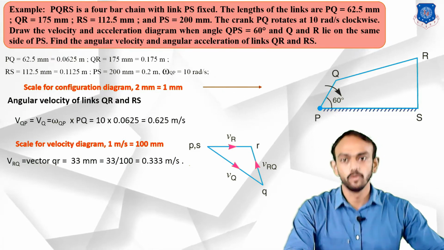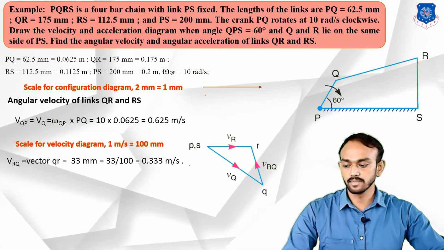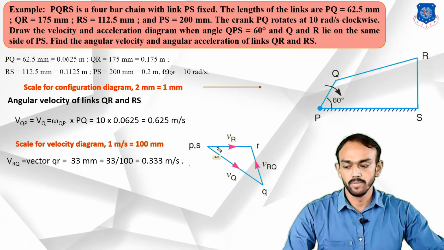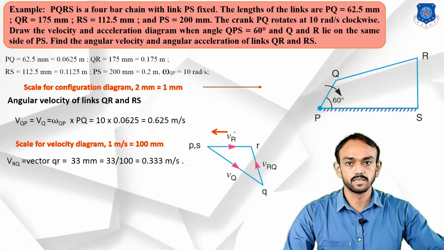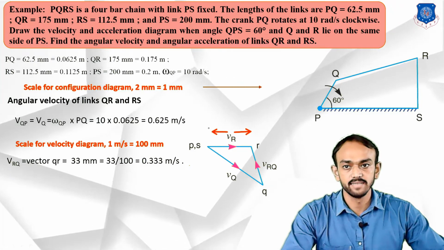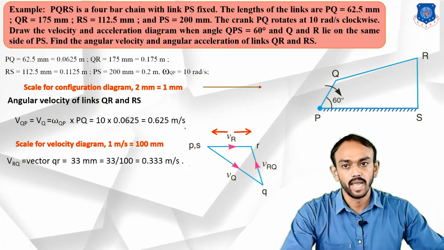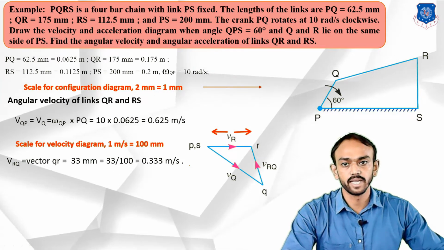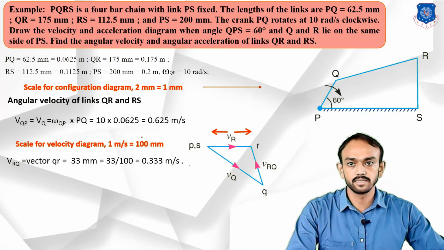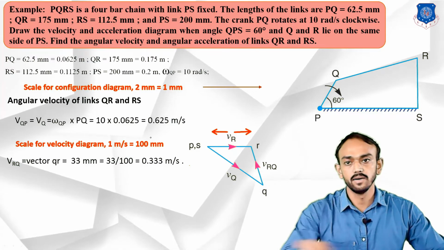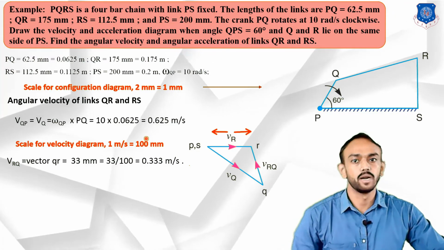Okay, so if you measure this distance, you will find this is 33 mm. And as you know that we have taken the scale, which is 1 meter per second equal to 100 mm.